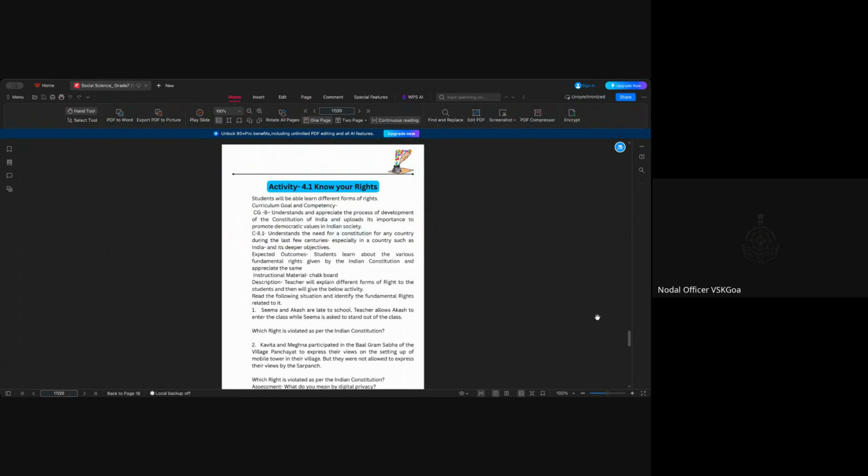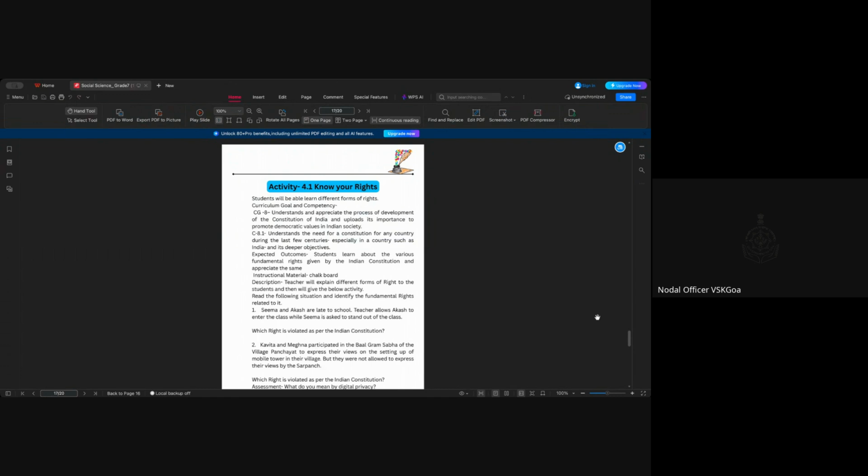For instance, a situation like: Sima and Akash are late to school. The teacher allows Akash to enter the class while Sima is asked to stand outside the class. Then the teacher may ask which right is violated as per the Indian Constitution.